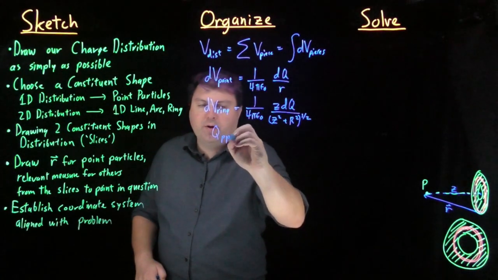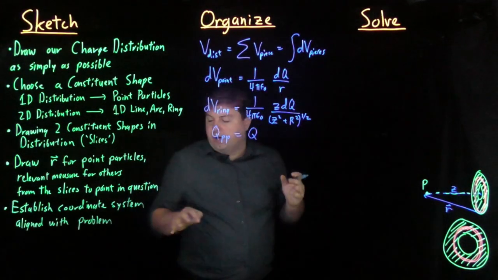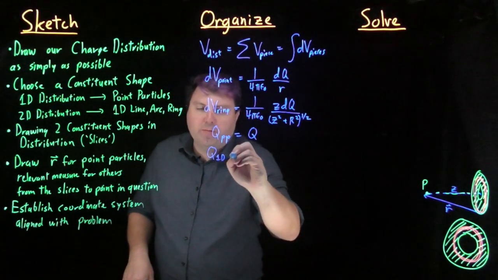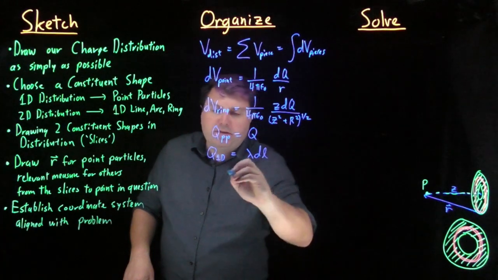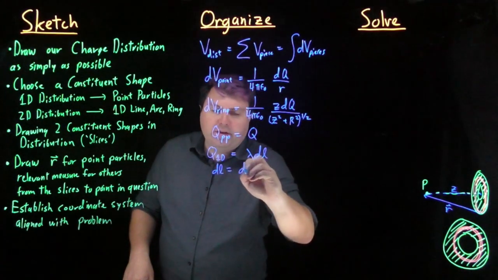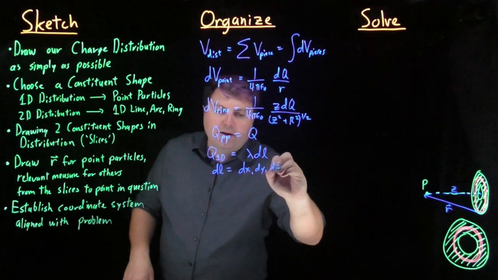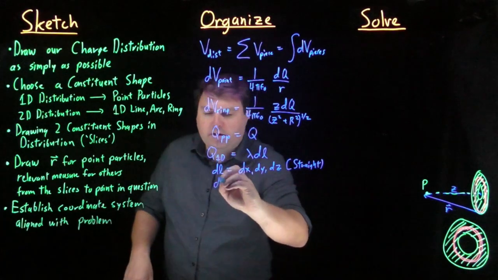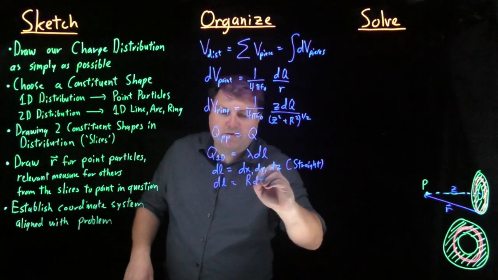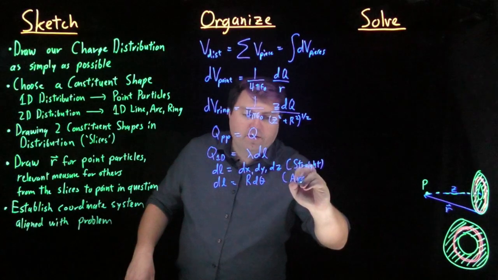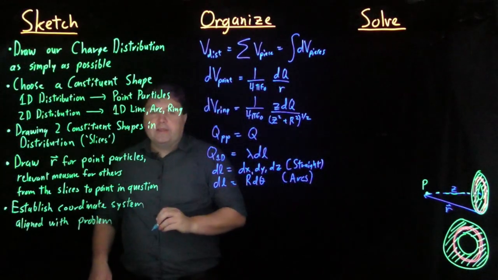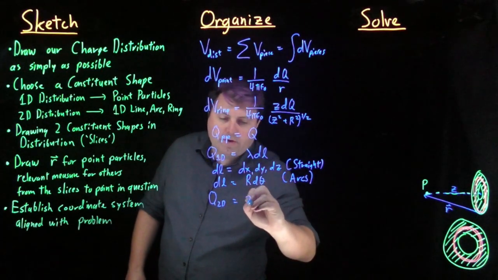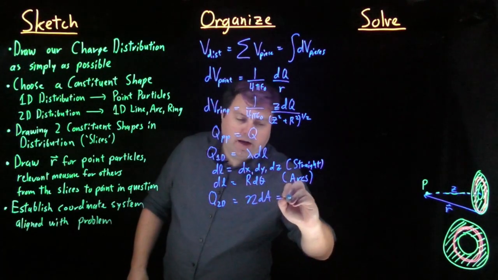So q for a point particle is just q. Awesome, we did it. But we also have the q of a one-dimensional distribution is going to be lambda dl, where dl is dx, dy, or dz for straight lines, and dl is r times d theta for arcs and rings. And then if we have a two-dimensional shape, it's going to be eta dA.